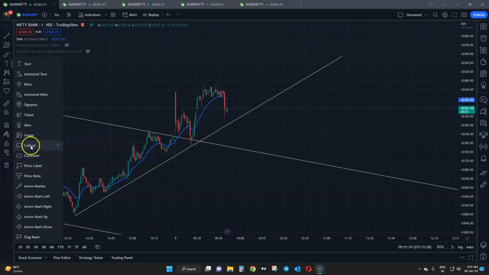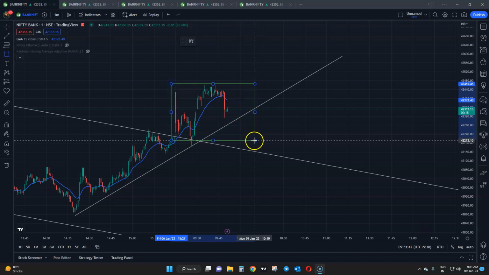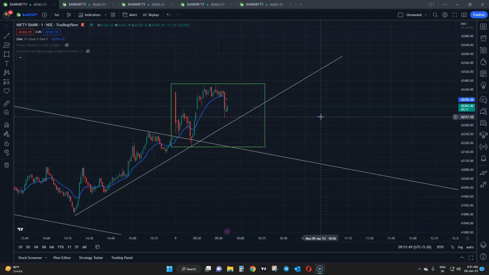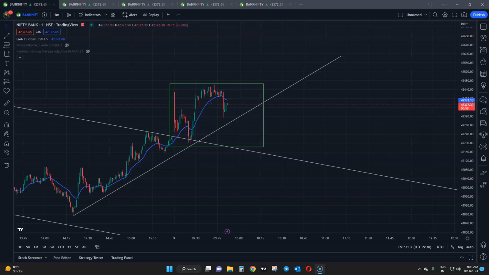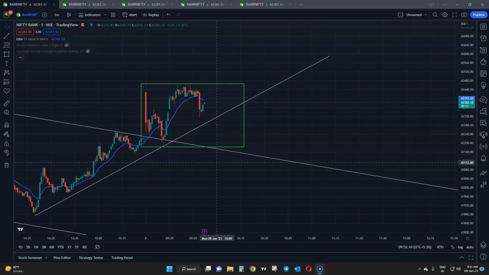I'll just leave it here. They're having a trading range formation. Yeah, the price just ate this particular stop loss and now it's on the way up.